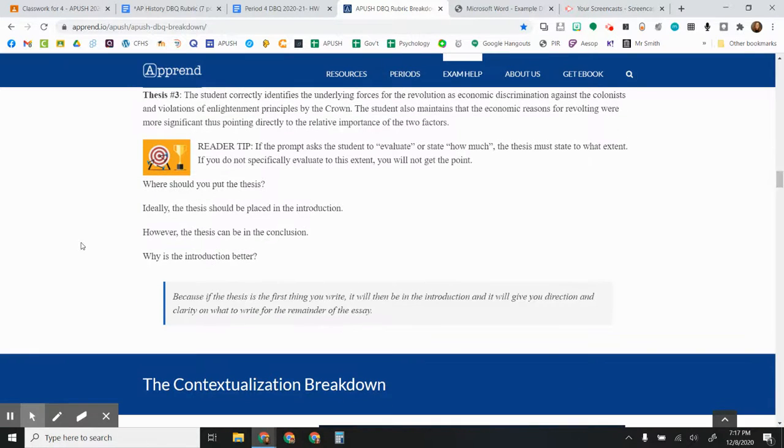A lot of DBQs are going to ask you to what extent, how much, evaluate, and in your answer, you need to take a stand of how much. You could say that they are equal, you could say that one is more, you could say that one is less, however you want to do it, but you definitely have to talk about the extent to which.